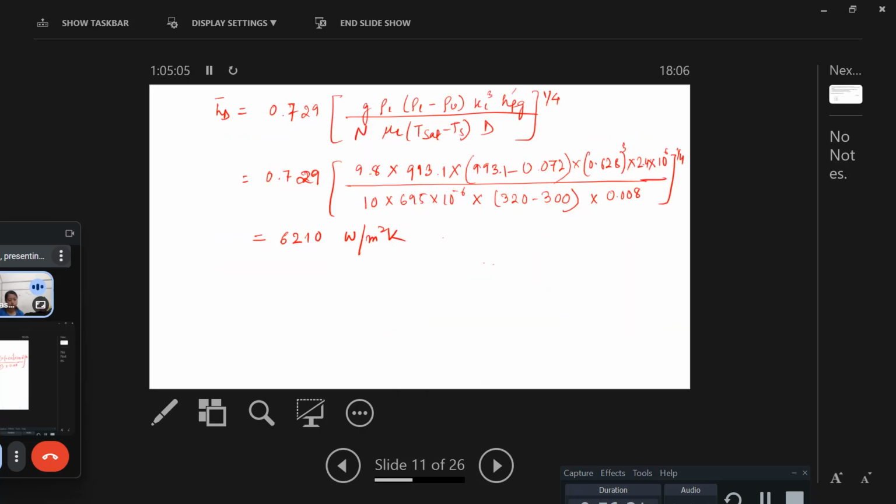So if we first calculate the Q prime, okay, so this is HD into pi d into T sat minus Ts. So 6210 into 3.14 into 0.008 into, the difference is 20, T sat minus Ts. We get this.